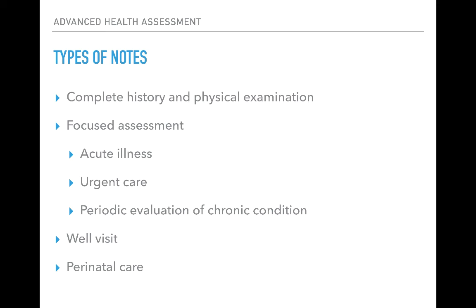You're only looking at what is applicable to the chief complaint. You will also have well visits, and well visits are especially common for children and for women. And finally, you will have prenatal care, which will have its own separate type of documentation that will be covered in a different lecture.